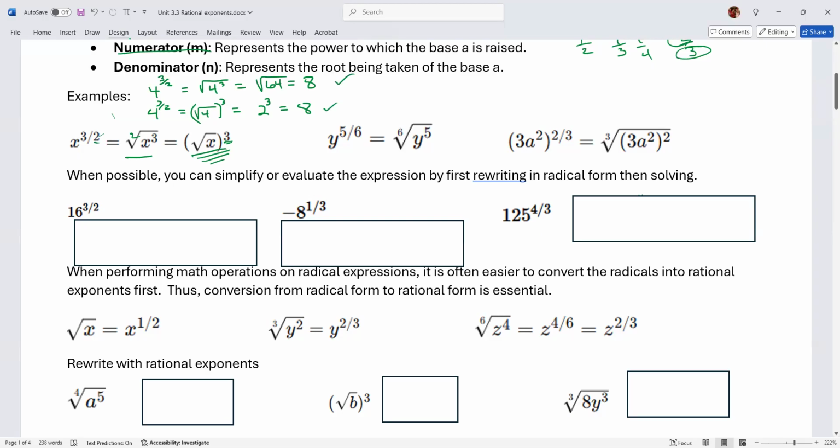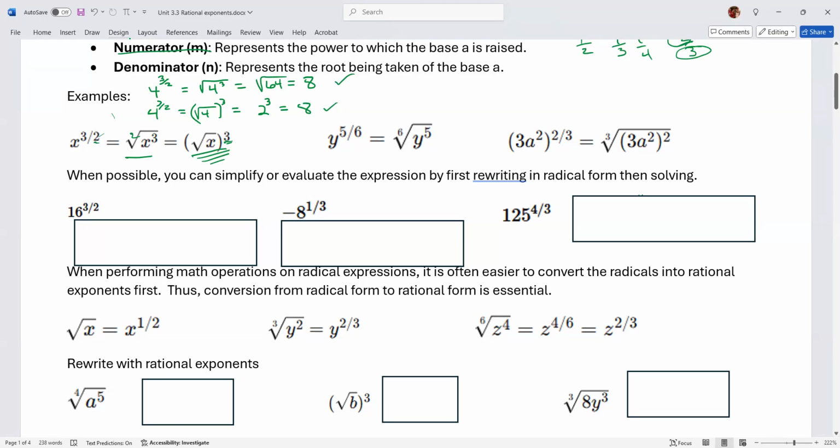Okay? So these examples here, y to the 5/6, all you're doing is rewriting it using radical notation. And there's going to be a reason that you're going to flip-flop between these two versions, depending on what it is that you want to accomplish. So you'll be doing translations in both directions.